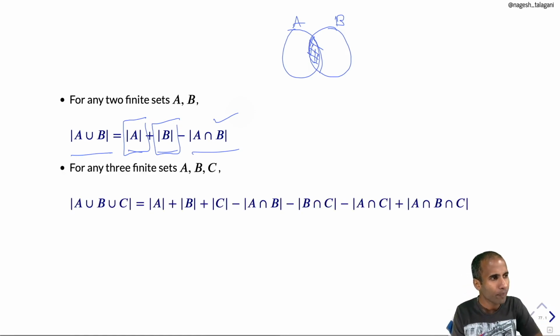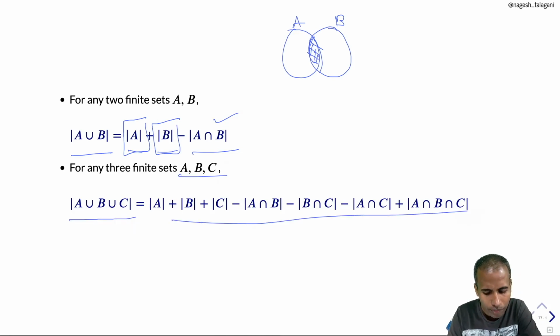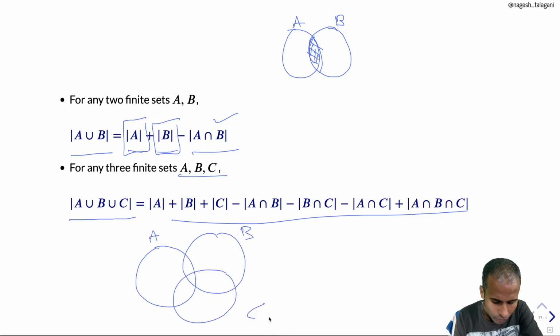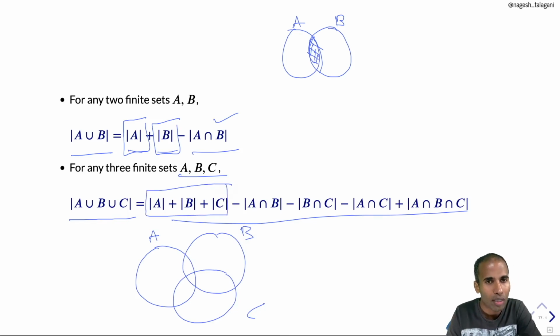Next, similarly, for any three finite sets A, B, C, the number of elements in A union B union C is going to be this. Again, here let us say this is A, this is B, this is C. Here again, according to the sum rule, if you simply write like this, it would be wrong. The reason is this. When we include the number of elements in A, this part is included once. When you include the number of elements in B, this part is included again.